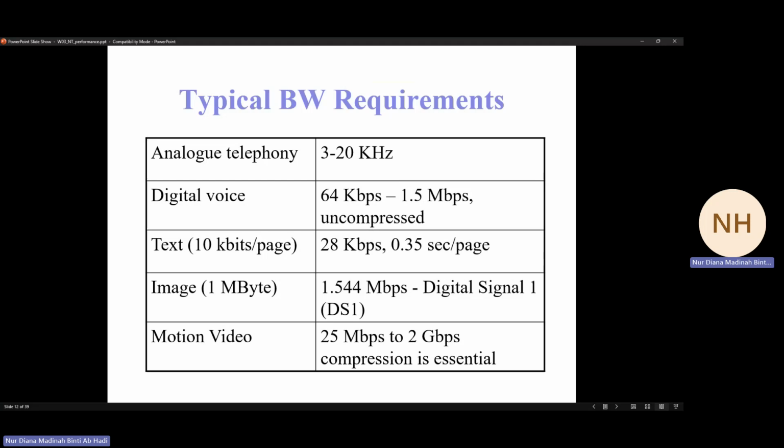For motion video, as we mentioned just now, it is pictures and sound that are synchronized, so usually the size would be bigger. Therefore you are essential to have compression. So 25 mbps to 2 gbps are required for the bit rate.